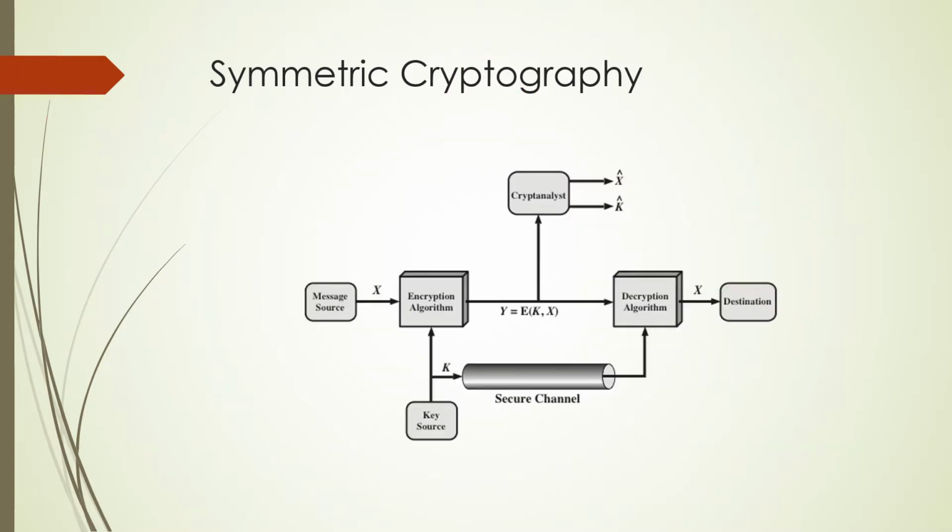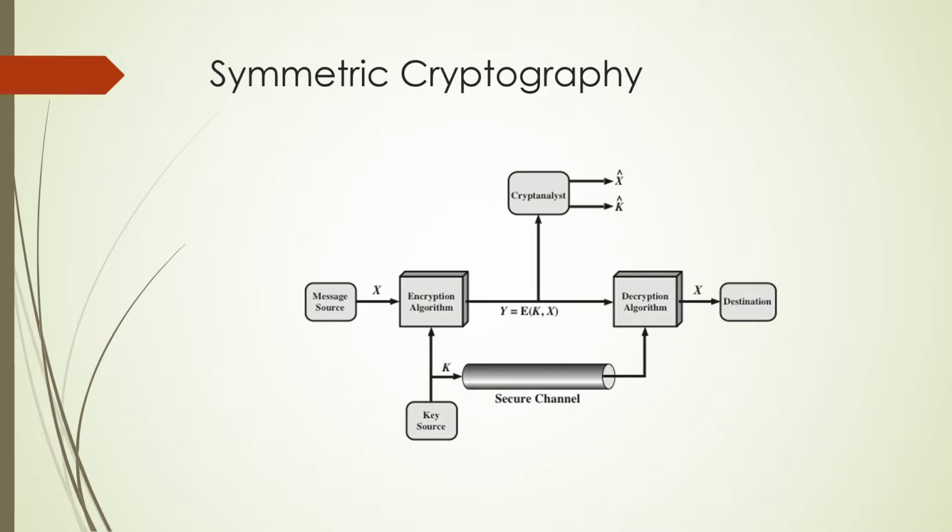So far, we have learned that in order to use symmetric cryptography, we need to share a key between the two parties that are involved, the sender and the receiver, or the encryption party and the decryption party.